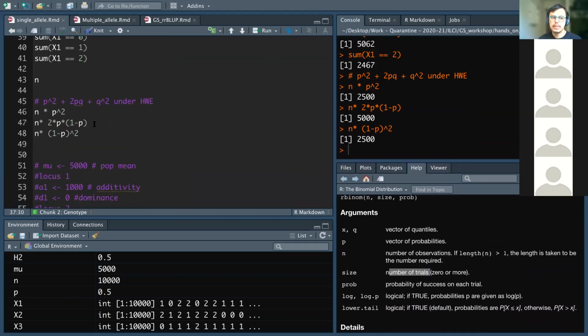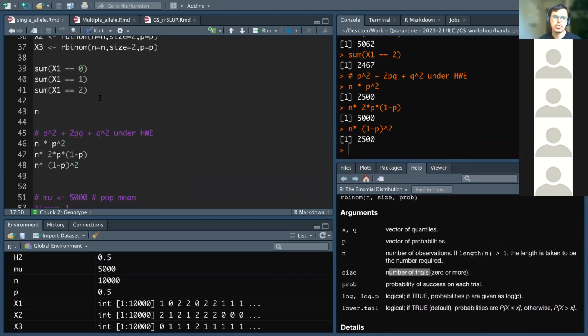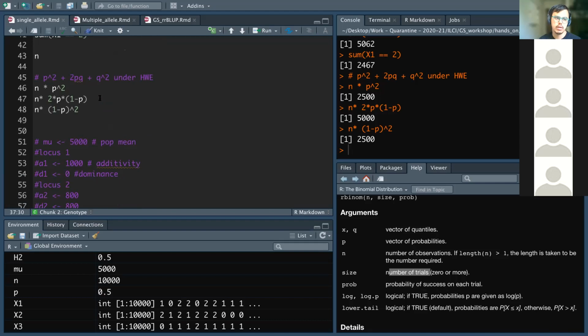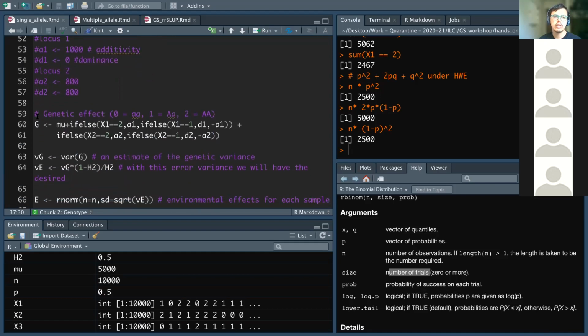As I mentioned, we're doing this just to generate the genotypes for the locus under Hardy-Weinberg equilibrium. Then what we need to do is create the genetic effect that we are going to have in the population. Remember that the mean of the population we are going to use is, in this example, 5,000.